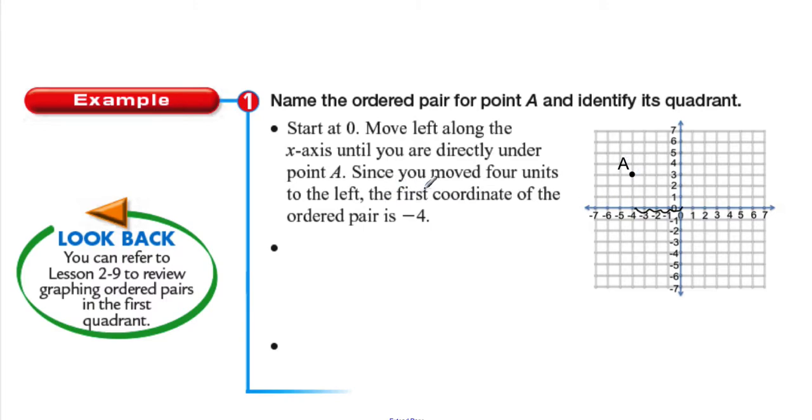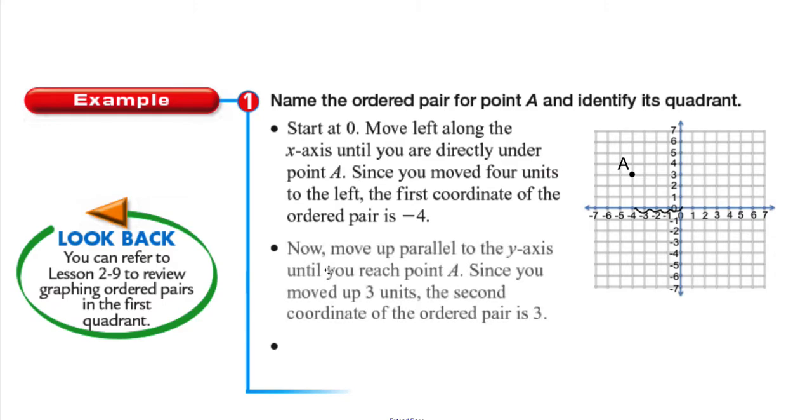Since you moved 4 units to the left, the first coordinate of this ordered pair is -4. And then from there, move up parallel to the y-axis until you reach point A. So 1, 2, 3.